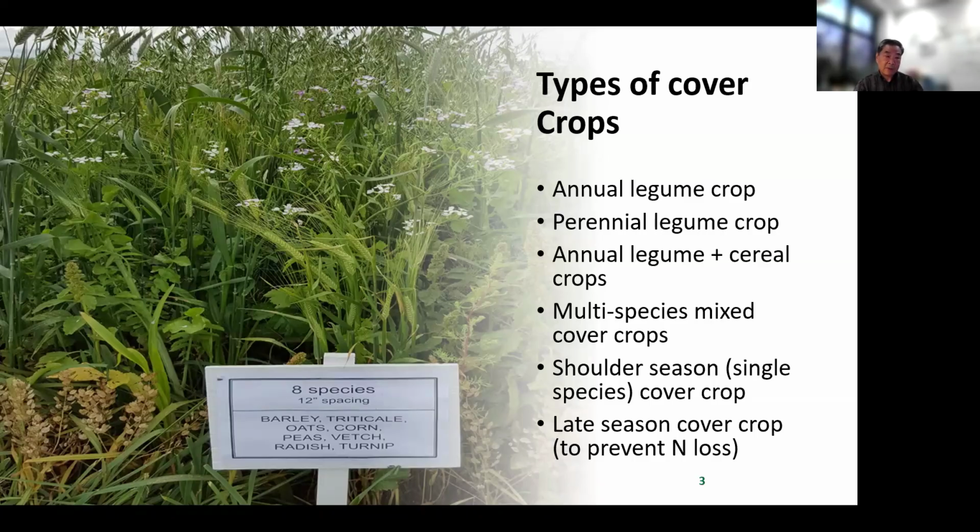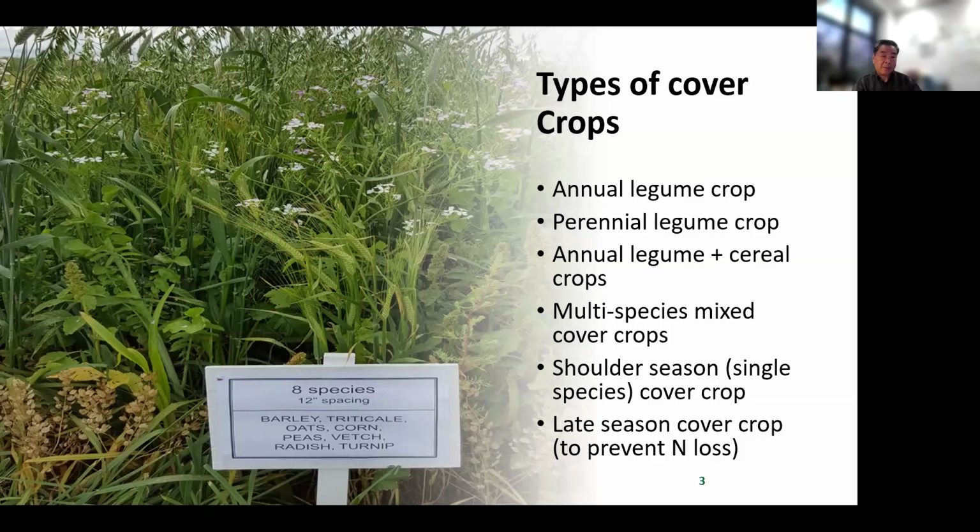And there are people also talking about shorter season cover crops. Mostly they are grown by conventional growers. They grow a single species, seed it after harvesting their crop, and let it grow during the rest of the fall season.